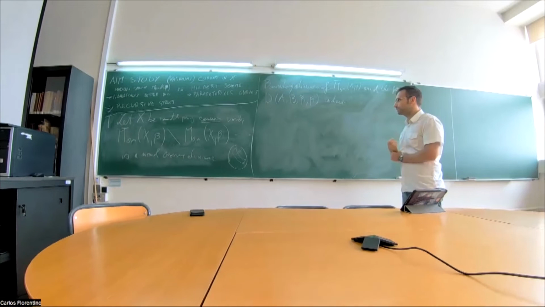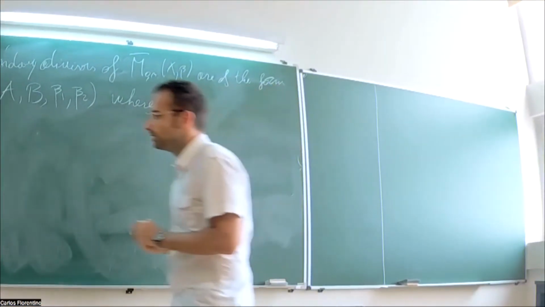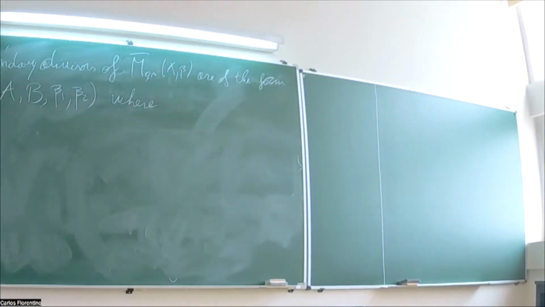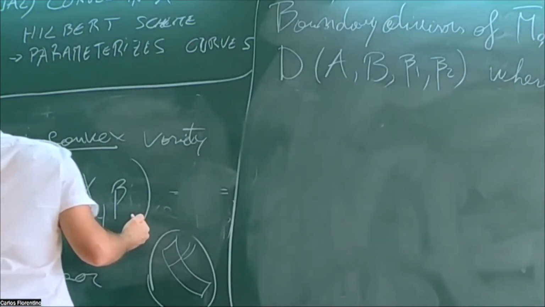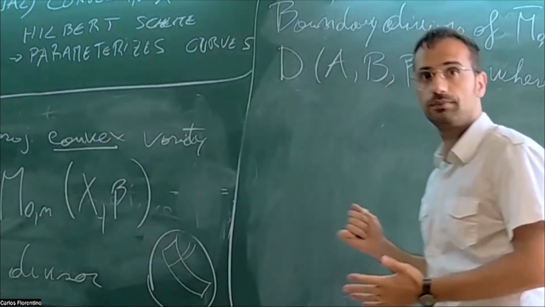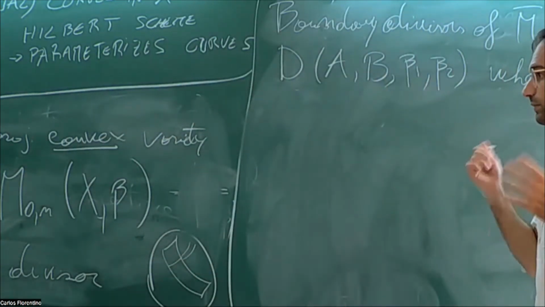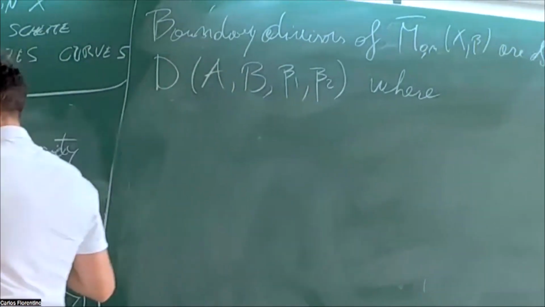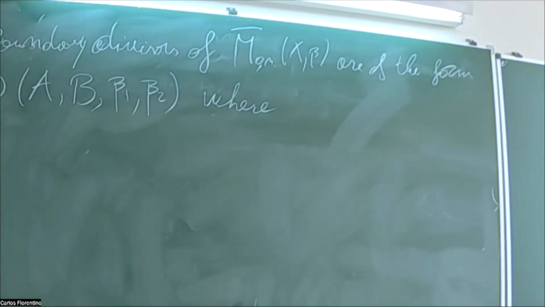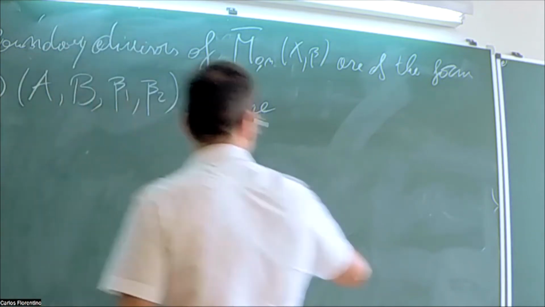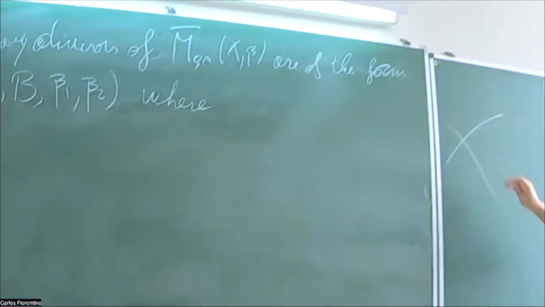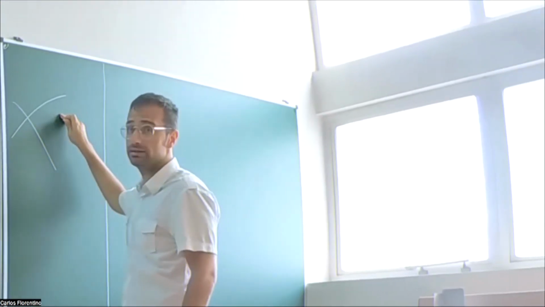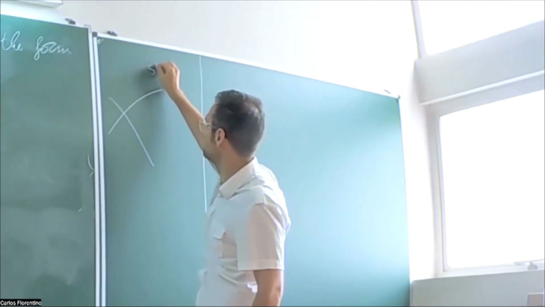Let's just try to give a justification. This parameterizes curves with reducible domain. So all curves here have a reducible domain, so we have at least two components. We still have to make sure this is stable. So let's remember, this must be stable.